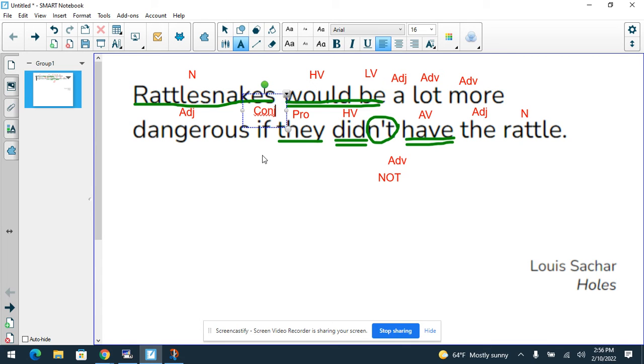It's something we call a subordinate conjunction. And subordinate conjunctions are words like if, because, besides. There's a whole bunch, and it's hard to actually know the list because some words can act like conjunctions and prepositions. So it's better to look at how they're working rather than memorizing a list.